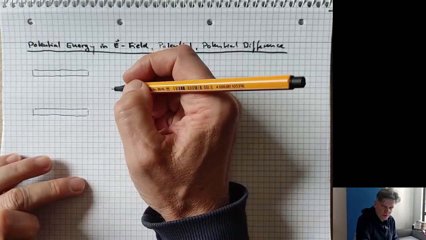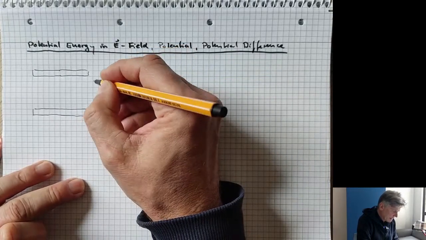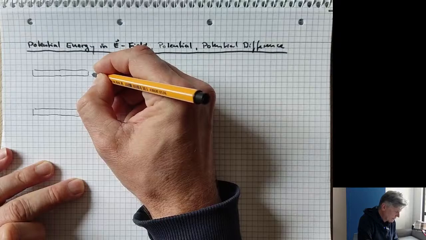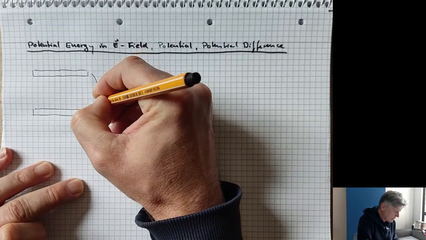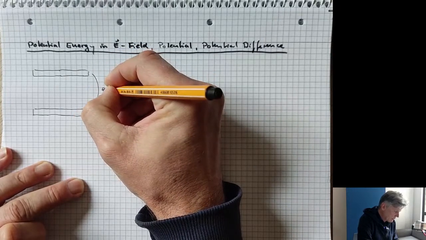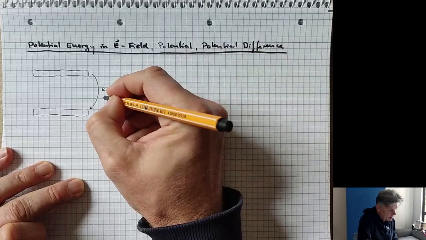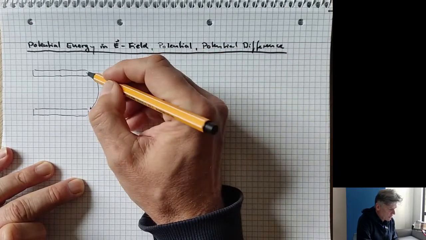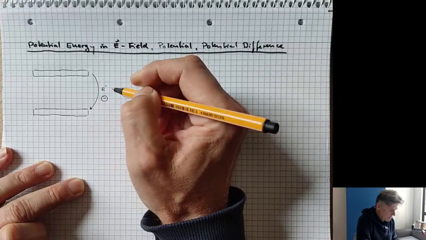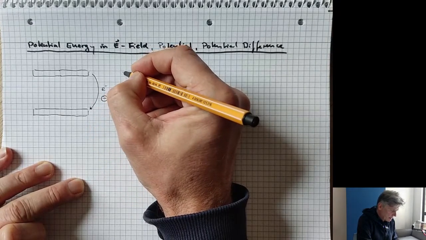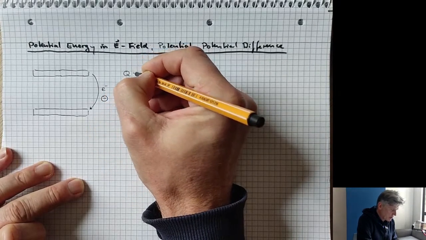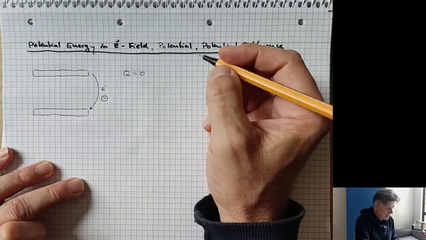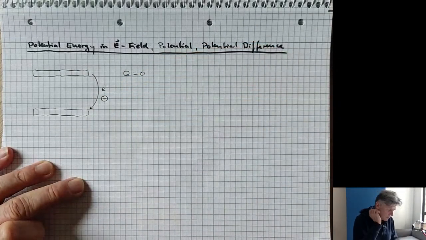But now we start to move electrons, let's say from one plate to the other. So we are now moving maybe an electron, or maybe a general electric charge from one plate to the other, which means the total charge of both plates does not change, but the distribution would change.